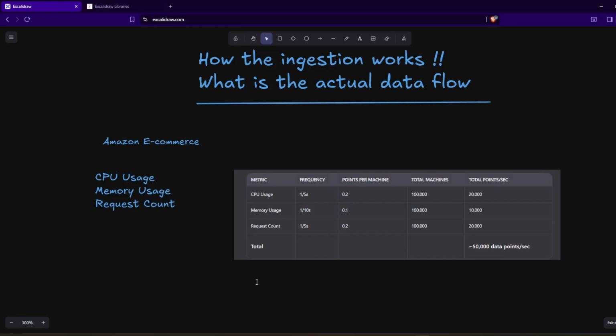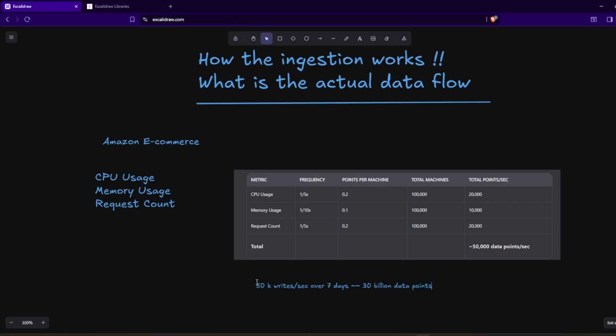Okay, so with 50k writes per second over 7 days, if I just do the simple math here, it is coming around 30 billion data points. How do we handle it, guys?